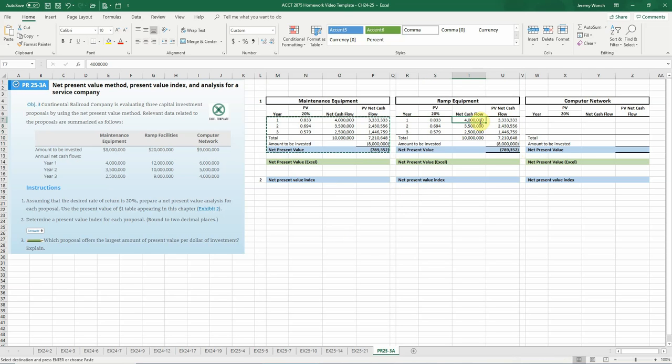This is going to be $12 million in year 1, $10 million in year 2, $9 million in year 3. And since we already have our factors, we just need to change our investment. In this one, we invested $20 million.